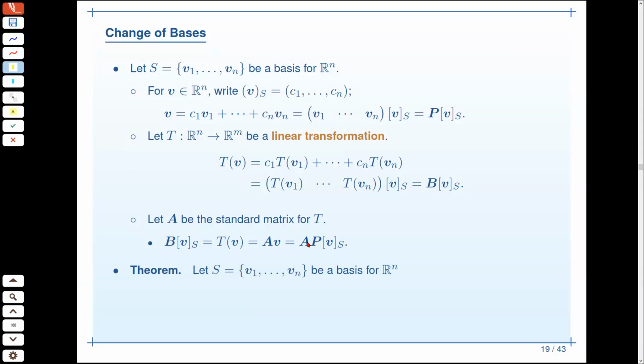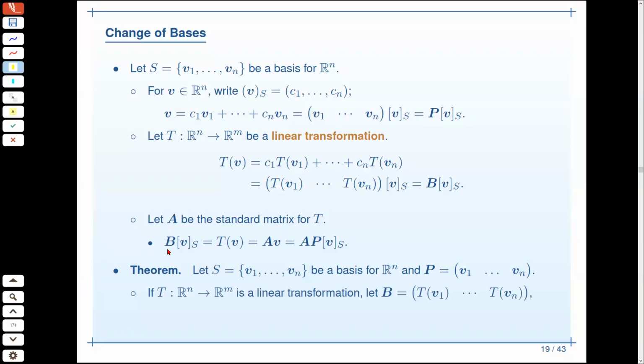So here is the result. We have a much easier way to find the standard matrix if the images on a basis are given. Suppose S is any basis for Rn, and we write P as the matrix whose columns are the vectors in the basis. This P is an invertible matrix. If T is any linear transformation from Rn to Rm, write B as the m by n matrix whose columns are the images of the basis, T(v1), T(v2), until T(vn).